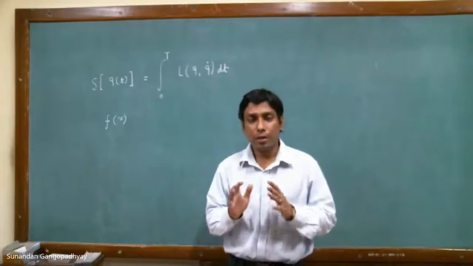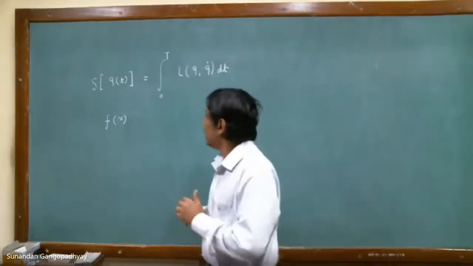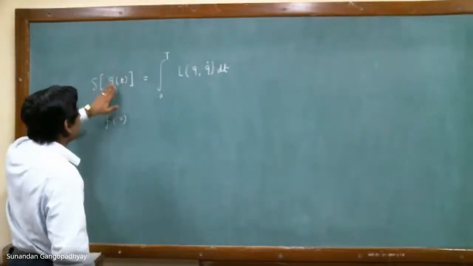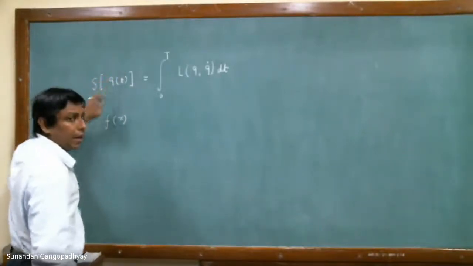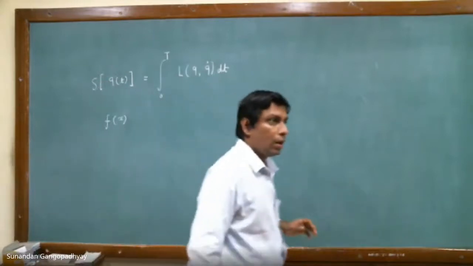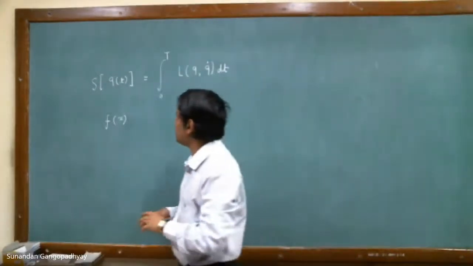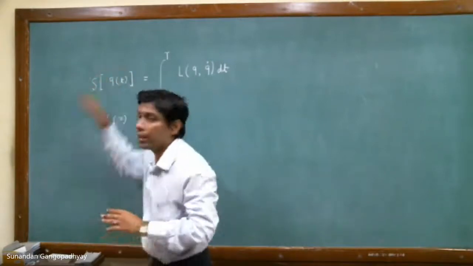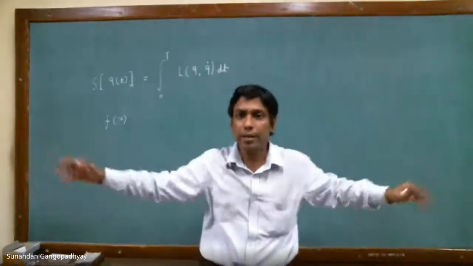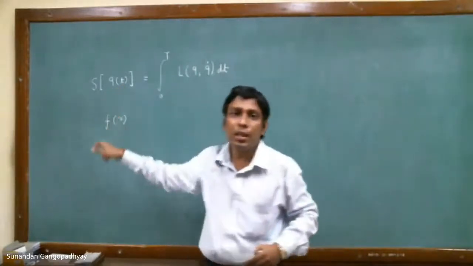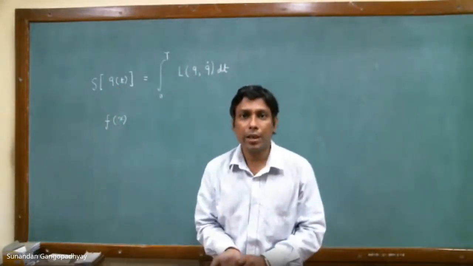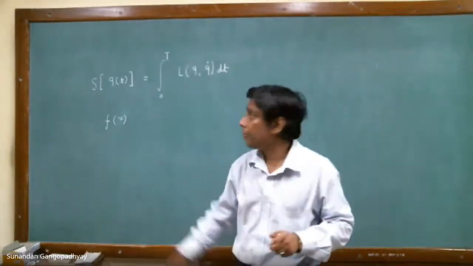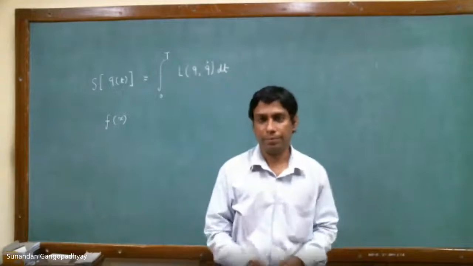But a functional is basically a map from a function, and this function is a set of many numbers, right? Because for each t you will get a number. So a functional is basically a map from a function to a real number.